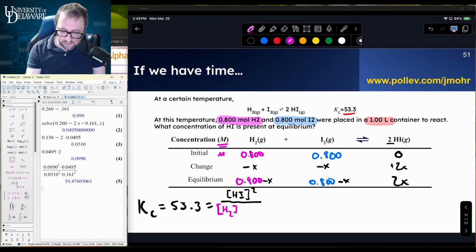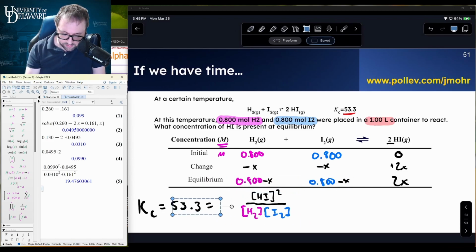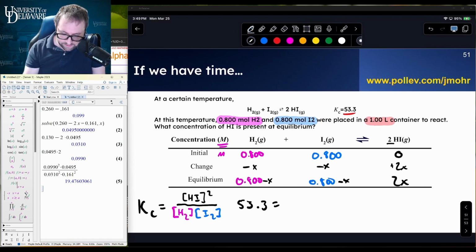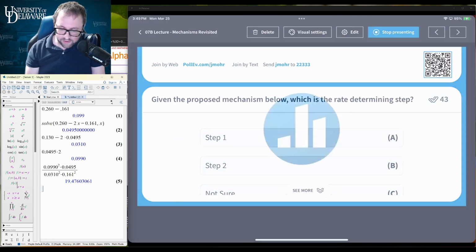Notice that I use these brackets for concentration times I2. All right, and we're just going to wiggle this around a little bit, just so I can have that 53 on the right-hand side. All right, so that's our Kc expression. We know that's equal to 53.3.